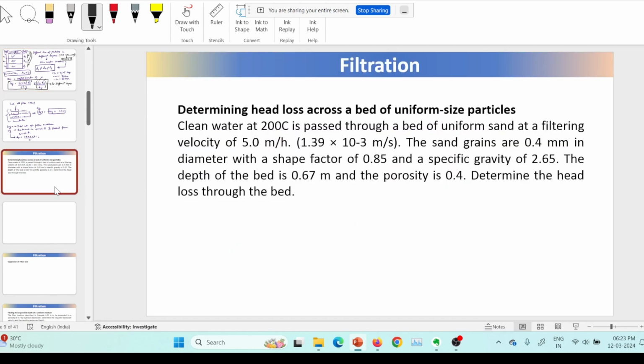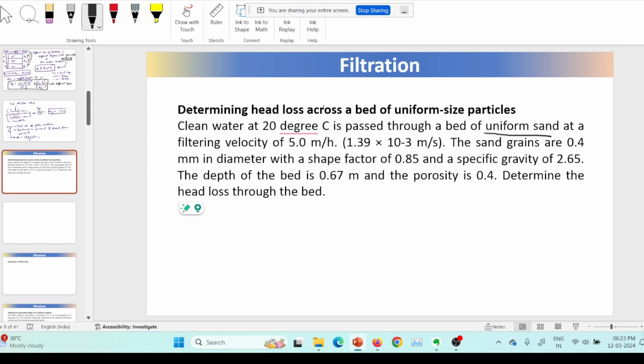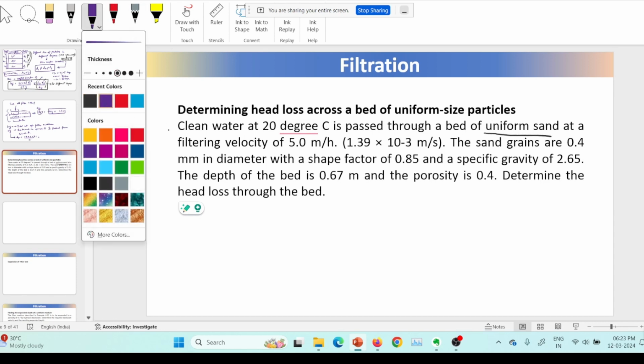So now let's see one question. Clean water at 20 degrees Celsius is passed through a bed of uniform sand. Uniform sand means only one medium is there.